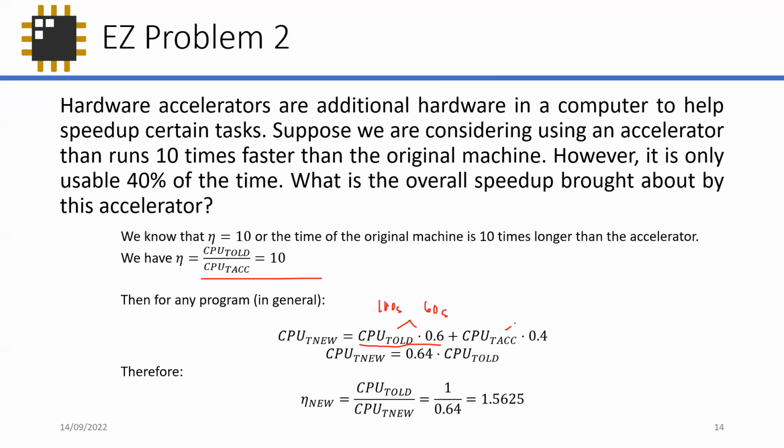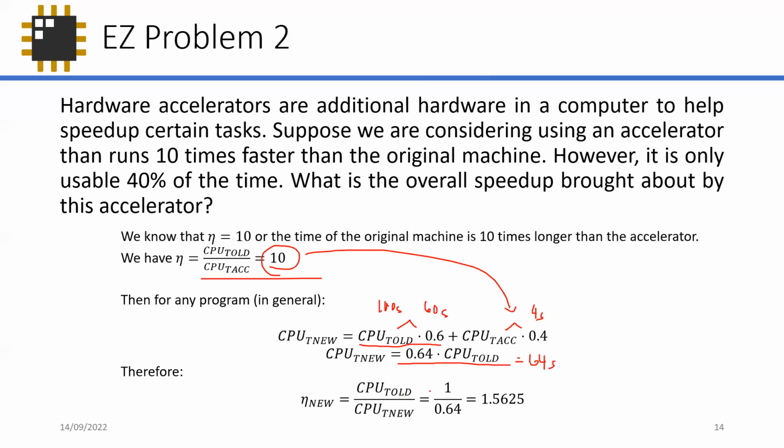And then, of course, the CPU accelerated, it's 40% of the time, right? But that CPU accelerated is like a ratio of the old, and then you have to multiply that times 10 speed up there. So that's the 4 seconds later on because you speed it up. So essentially it's 0.64 times CPU time old, that is 64 seconds, right?